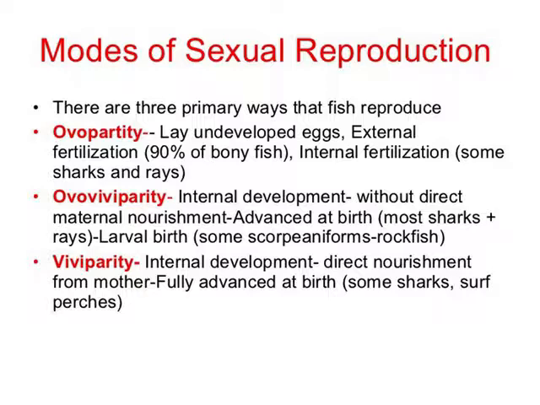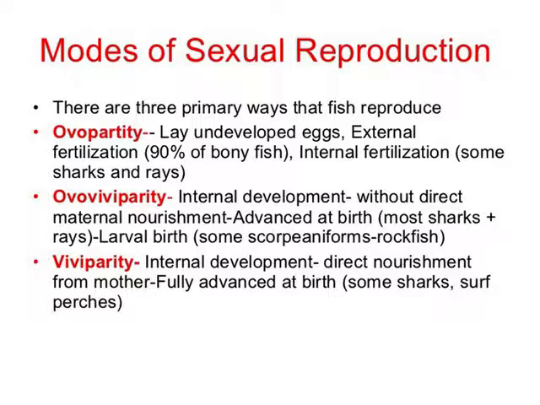And sometimes in fish, or not fish, in sharks and rays, you can get internal fertilization, but the eggs are then deposited outside and are hatched outside of the body.